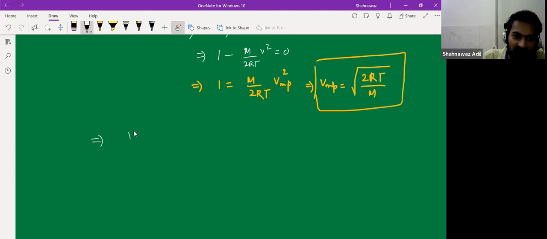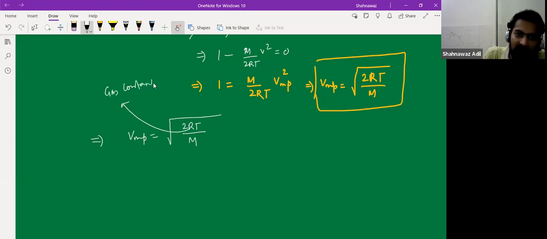So this is the most probable velocity for the Maxwell distribution, right? And here R is the universal gas constant, and this is related to the Boltzmann constant.